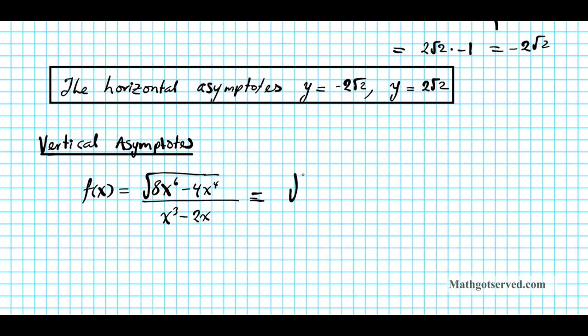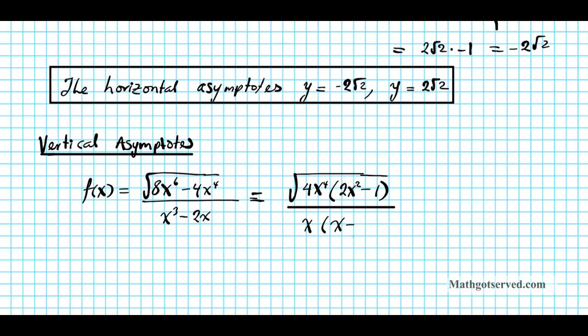So we have to simplify the top as much as we can, see if it cancels out anything in the bottom. And then what's left in the denominator, we can set to 0 to look for our vertical asymptote. So in the top, we can factor the numerator. By all means, we can take out 4x to the fourth, and then we're going to be left with 2x squared minus 1 in the numerator. And in the denominator, we also have to factor to see what can be canceled out. So in the denominator, we can factor out x, not x squared.